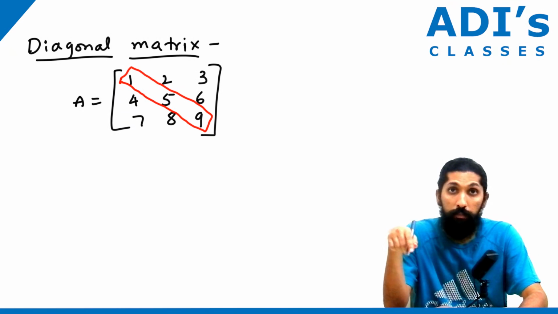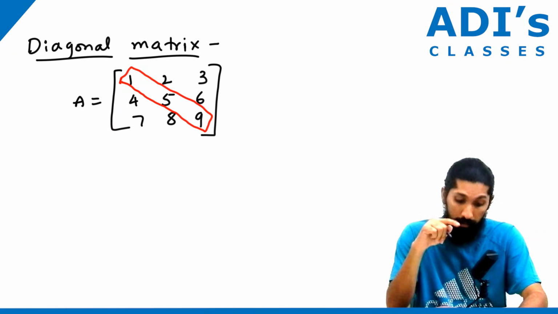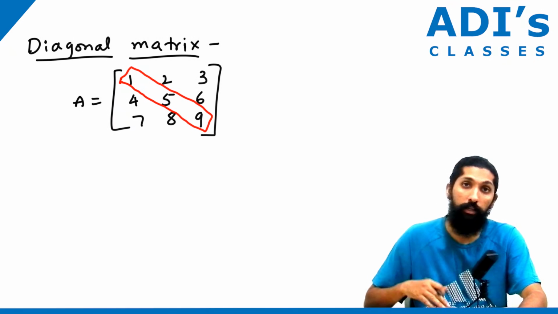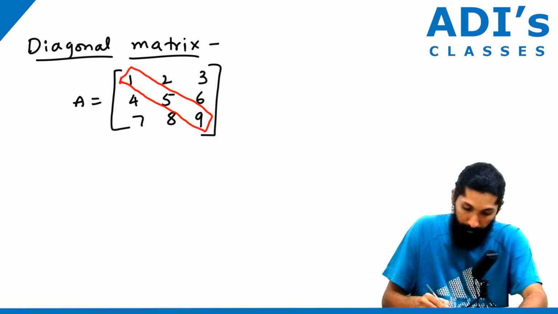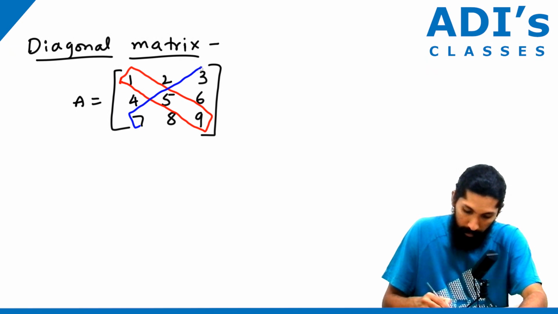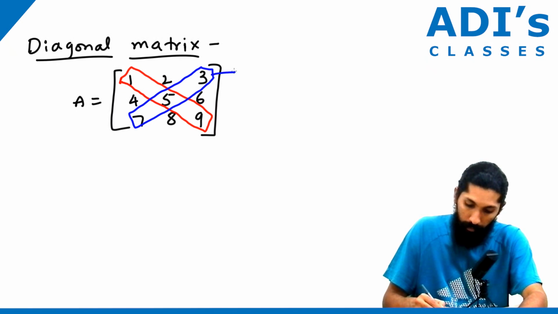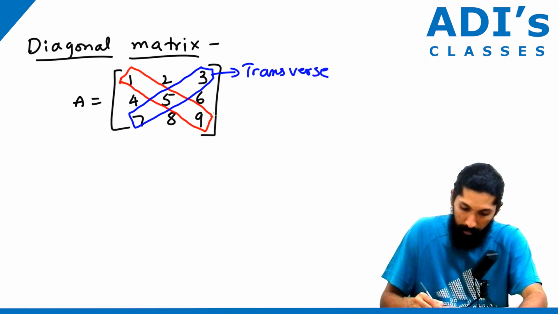That is what we call the principal diagonal. And the other one, that is 3, 5, 7, is the transverse diagonal. This is what we call the transverse diagonal. And the red one is what we call the principal diagonal.